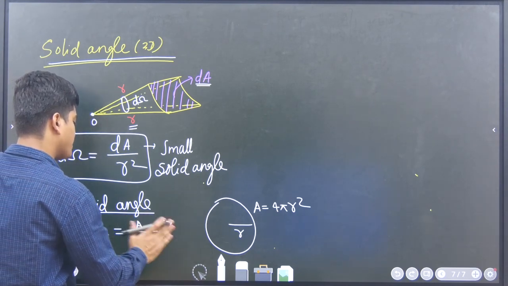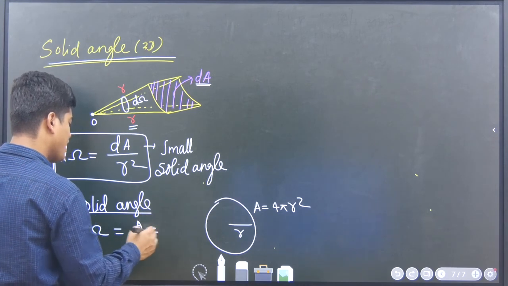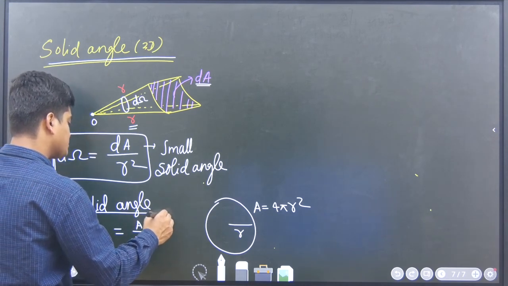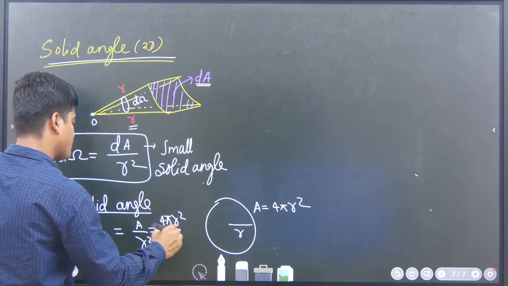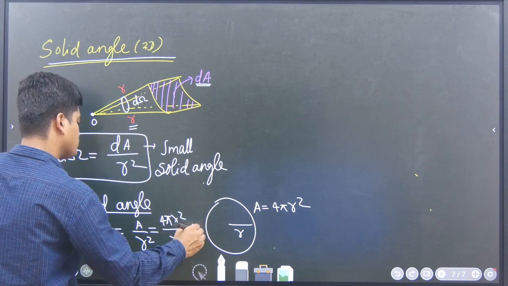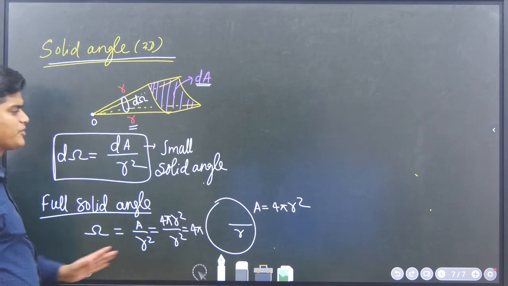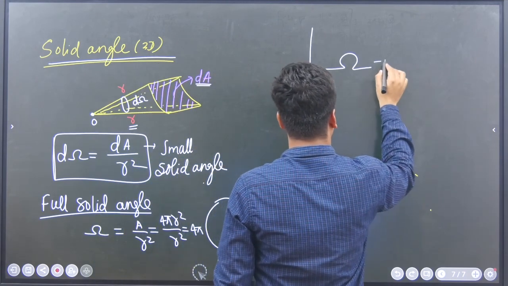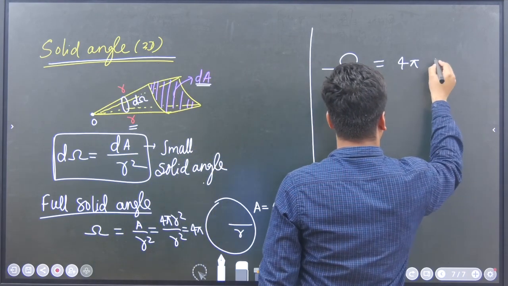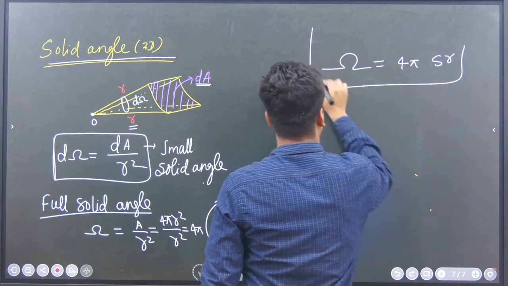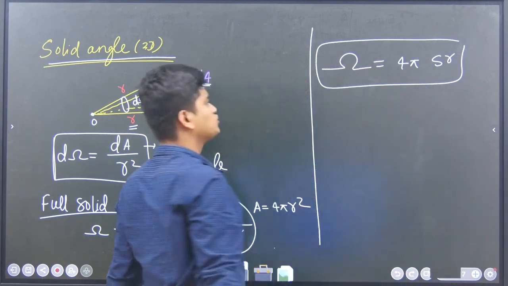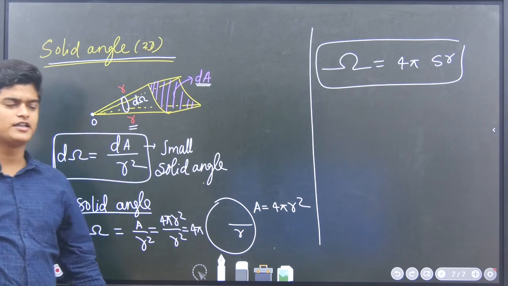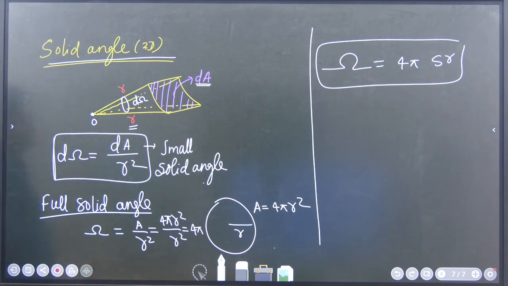So I can write 4 pi r square by r square, they cancel, so you will get 4 pi. So omega is coming 4 pi. Full solid angle omega is 4 pi steradian, because we know the solid angle unit is steradian, so it is 4 pi steradian or SR.